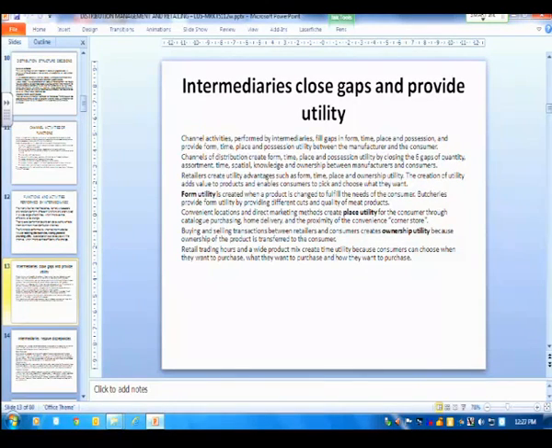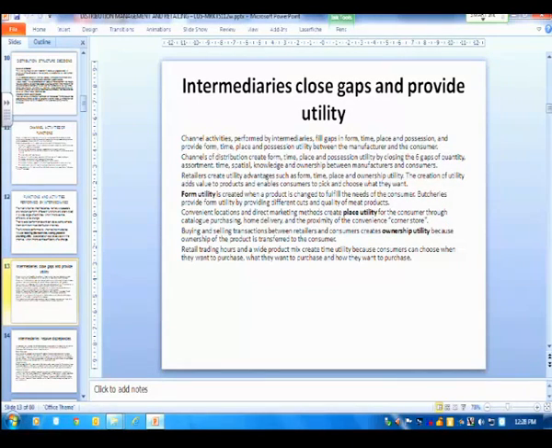Buying and selling transactions between retailers and consumers create ownership utility because ownership of the product is transferred to the consumer.